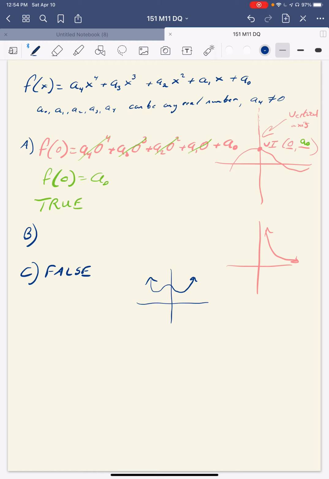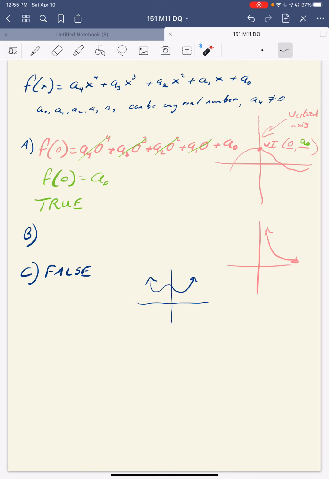It intersects the axis in at most 4 points. So we already know it doesn't have to intersect it at all, but how do I know that the maximum number of intersection points is 4? And the reason we know that is because by definition, if I have a polynomial function of degree 4, then the most number of zeros that I can have is 4 zeros.